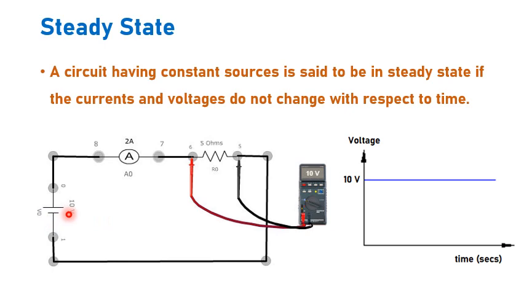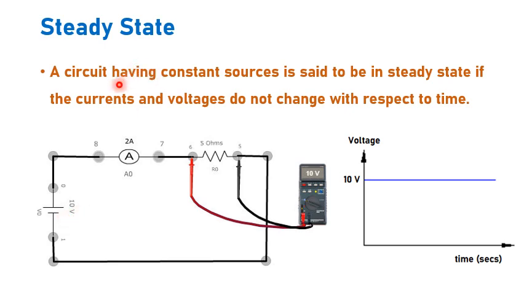You can see here a 10 volt source is applied. The value of resistor is 5 ohms, hence the current flowing through the circuit is 2 amps, and the voltage across the resistor is 10 volt. You can see the voltage versus time. The voltage is constant throughout because I'm not changing this voltage.